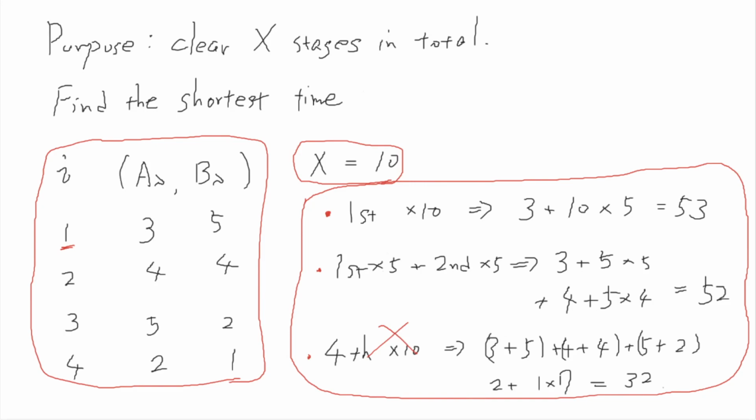Instead, you can play the fourth stage 7 times, and play each stage other than the fourth once, and this takes 32.